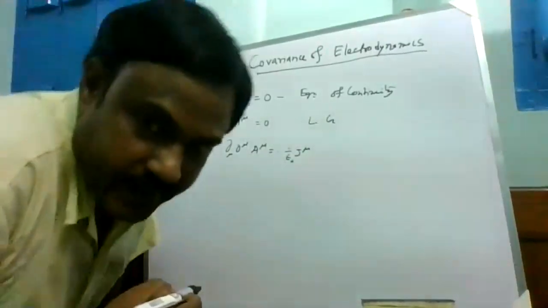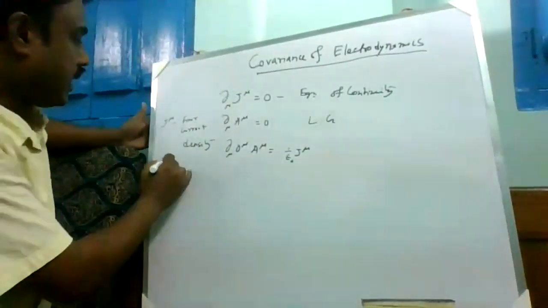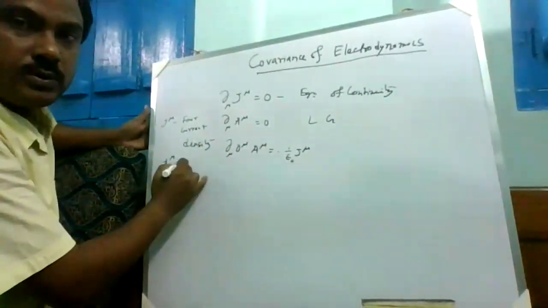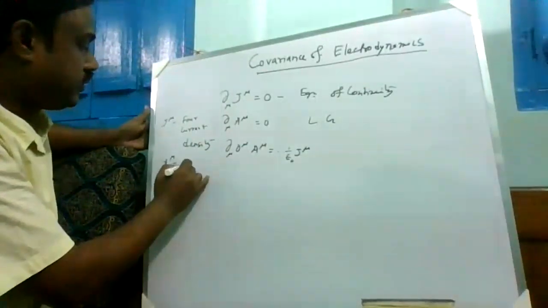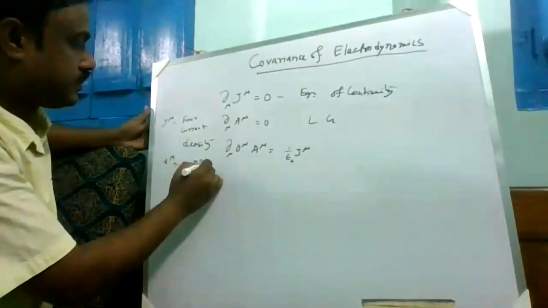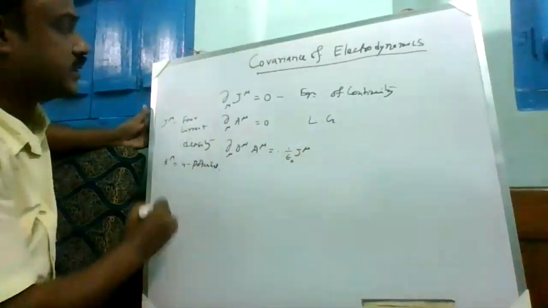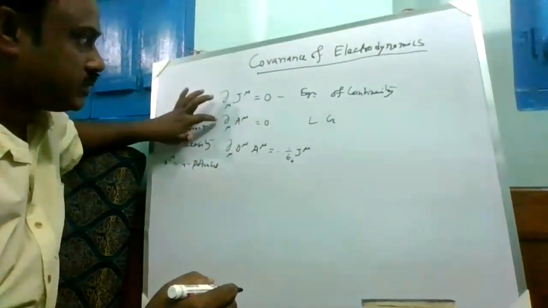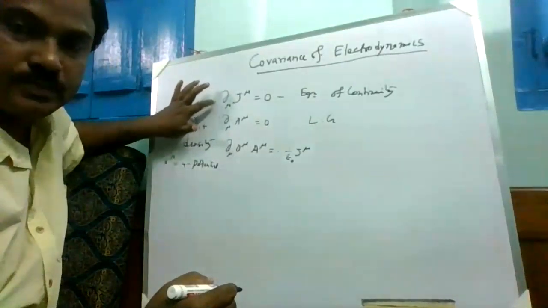This is four current density j mu, and A mu, you know, this is four potential. So these two equations, as you can see, are a single equation.